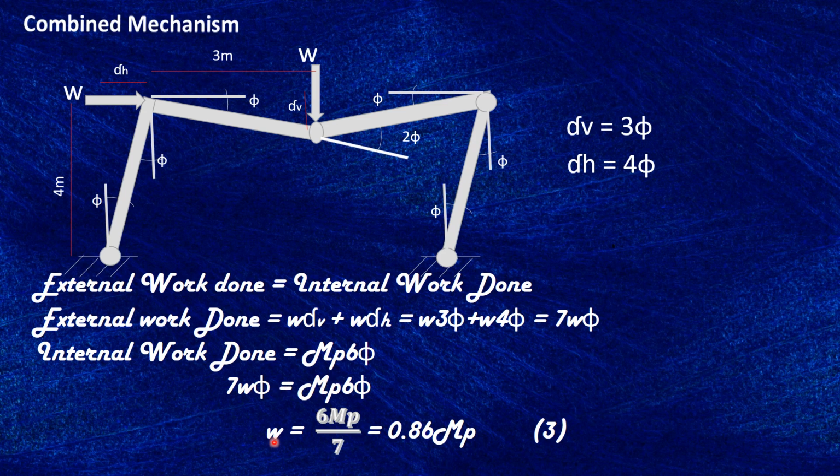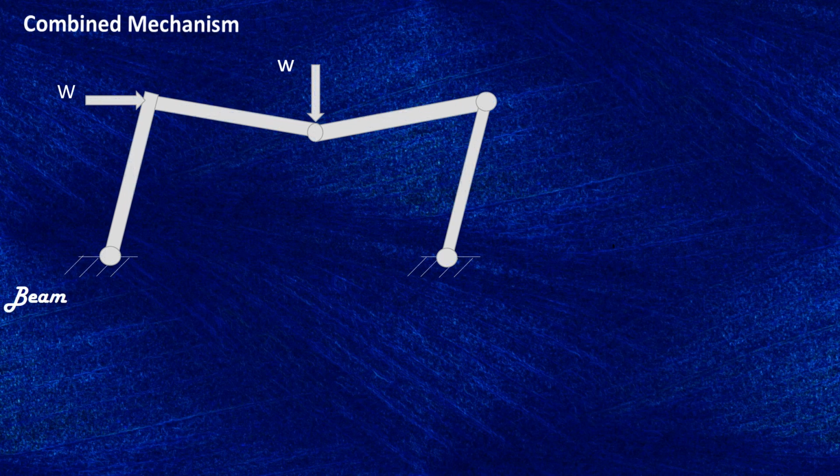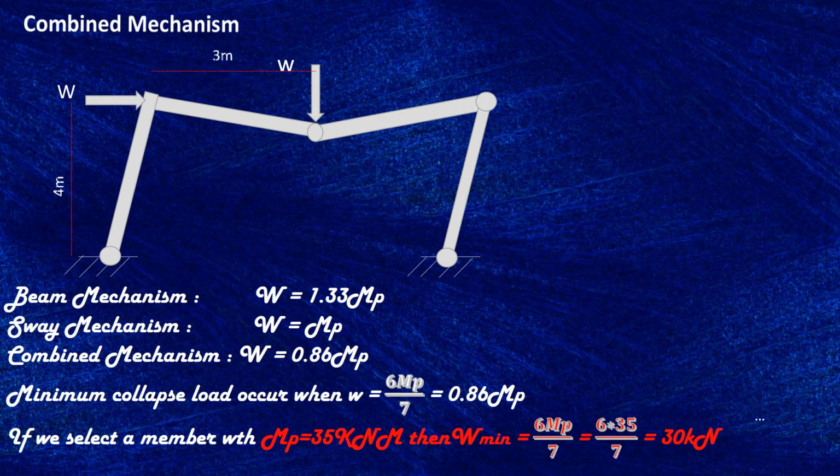When we equate that, we'll find the amount of load that we need is 0.86 times MP for the combined case. So we find that the minimum amount of load we need is in the combined case, because the beam case is bigger than the sway and then the combined.